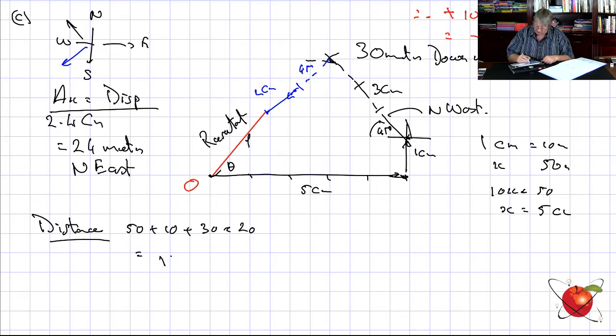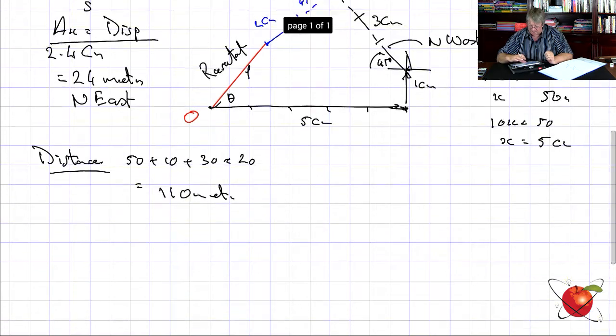So you walked a total of 110 meters. Whereas in actual fact, you could have done the same if you'd taken a different direction, northeast. But you might not have been able to get through there. There might have been a solid wall in between that you had to go around the obstacle course that way. Distance, displacement, okay? So let's just keep those in mind.